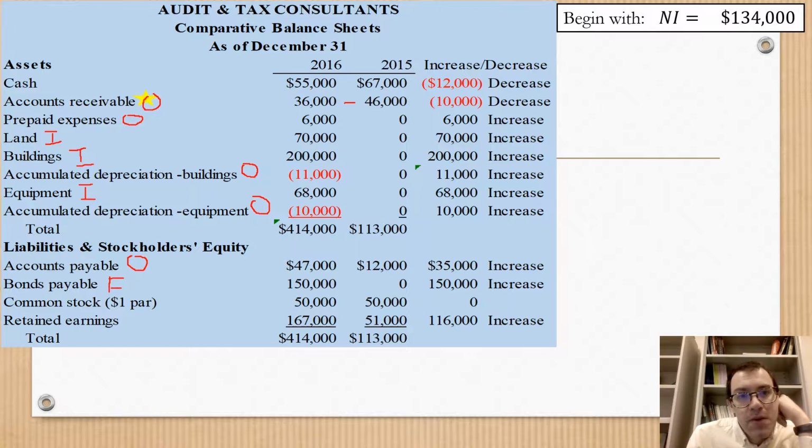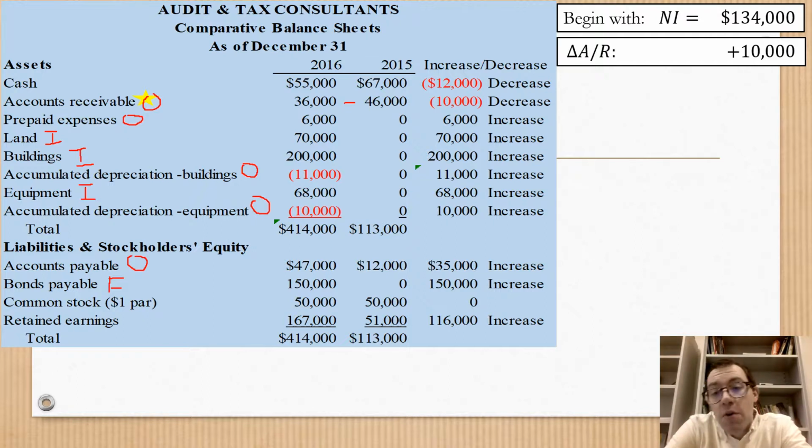Okay, so accounts receivable. Look, accounts receivable went down, I'm sorry. If accounts receivable goes down, you are collecting cash. That's an operating cash flow.